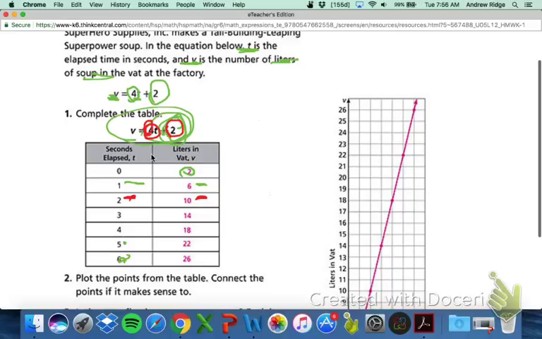You take the 3, you multiply that by the 4, put that in for the t, add the 2, and you get 14 right here, right? You take the 4, multiply it by the 4, 4 is the t, 4 times 4 is 16, add 2, that's 18. Okay, so that is the answer to number 1.